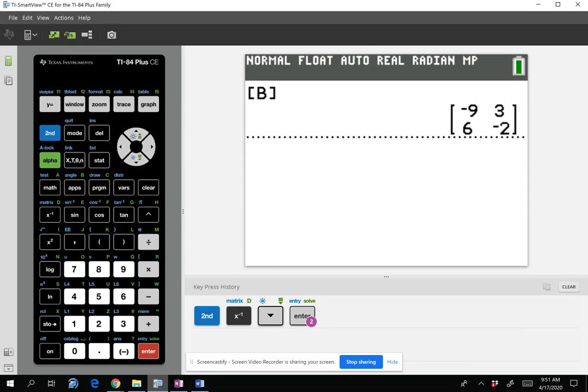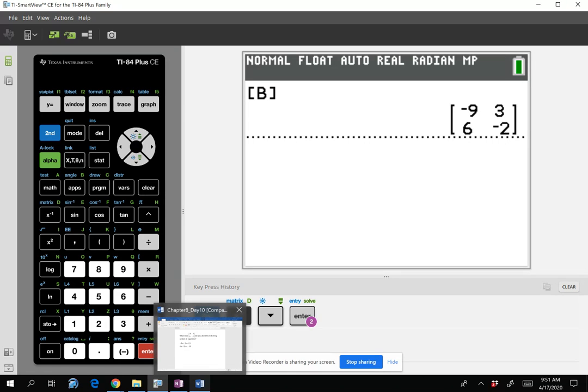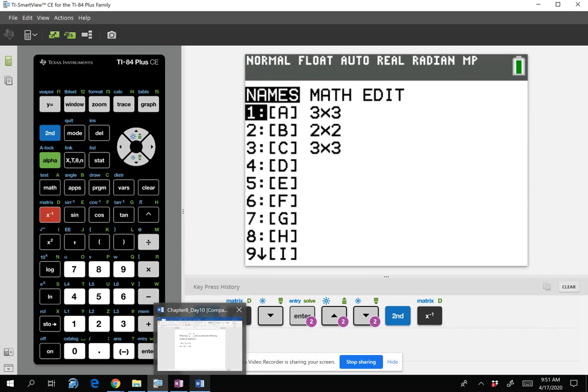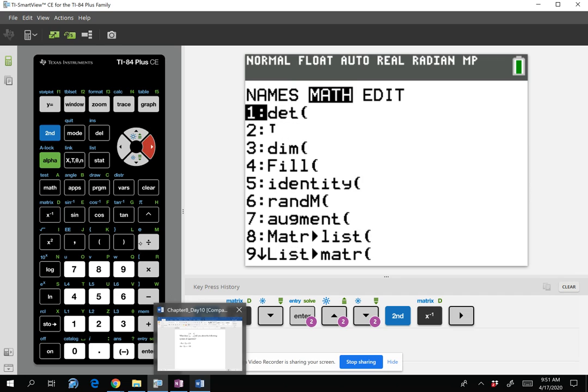Yep, that's correct. If your determinant is 0, that determines that its inverse does not exist. Watch what happens. Oh, and to find the determinant, you can just go second, matrix. When you go to math, it's the very first option.